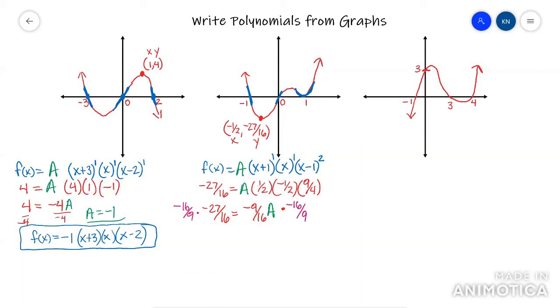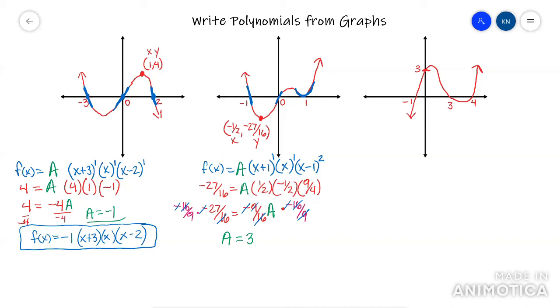Because these things cancel, like the 9 on top cancels the 9 on bottom, the negatives cancel each other, and the 16s cancel each other, and it just leaves a equals. Over here, the 16 on top and bottom would cancel, the negatives would cancel, and then 27 divided by 9 is just 3. So I just found my a value as +3.